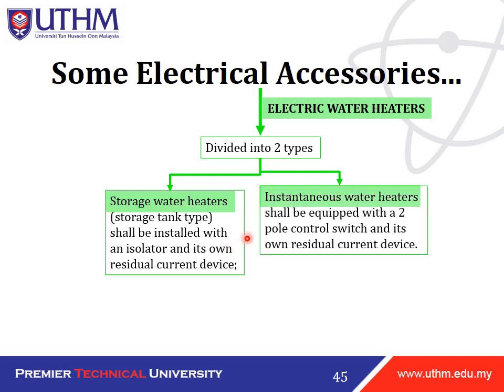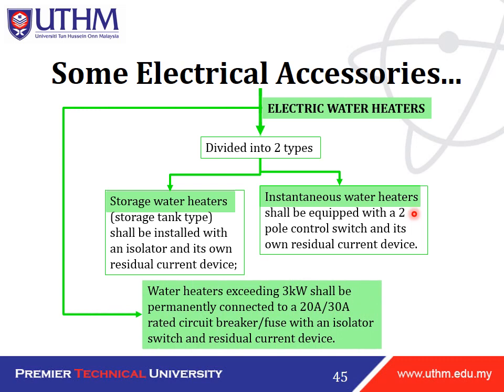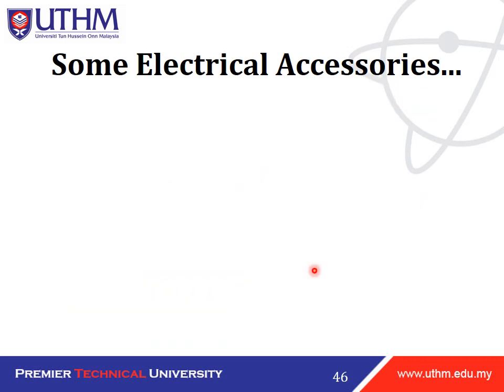The second type is the instantaneous water heater, which shall be equipped with a 2-pole control switch and its own residual current device. So water heaters exceeding 3 kilowatt shall be permanently connected to a 20 amp or 30 amp rated circuit breaker or fuse with an isolator switch and residual current device.